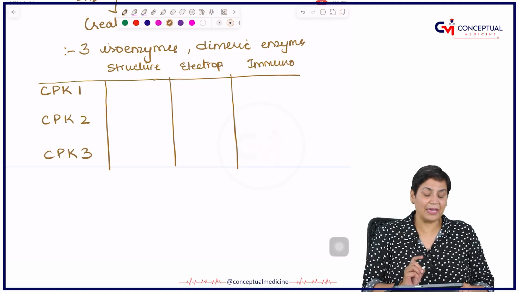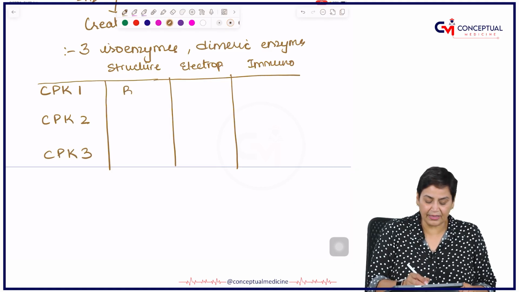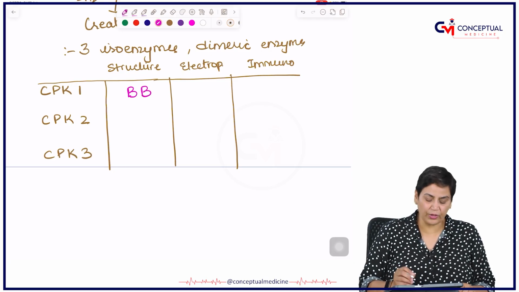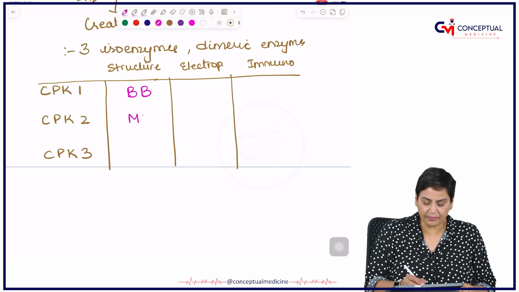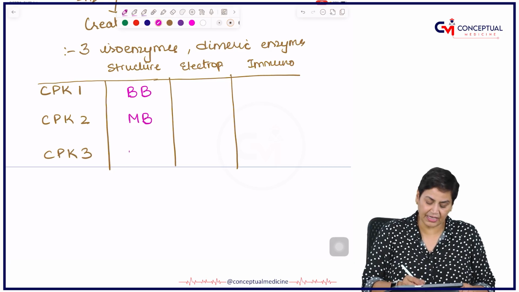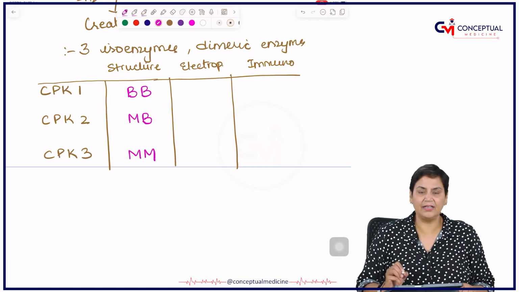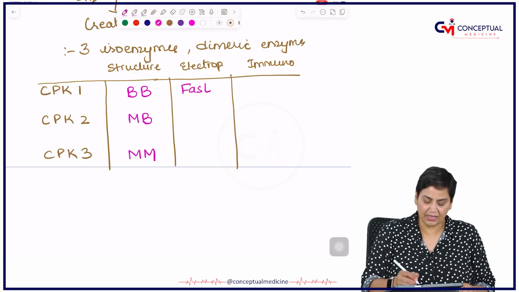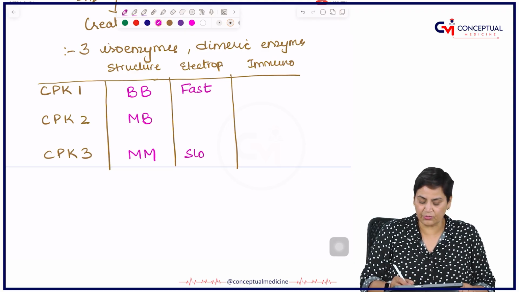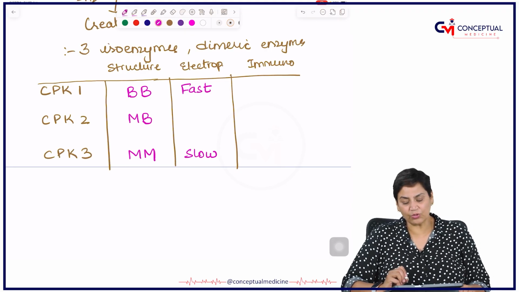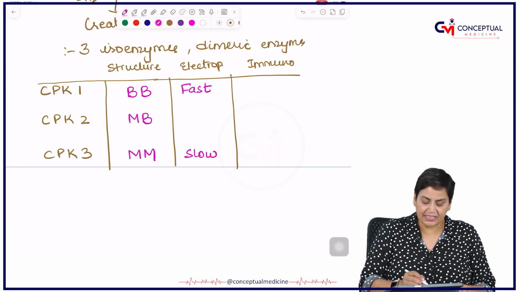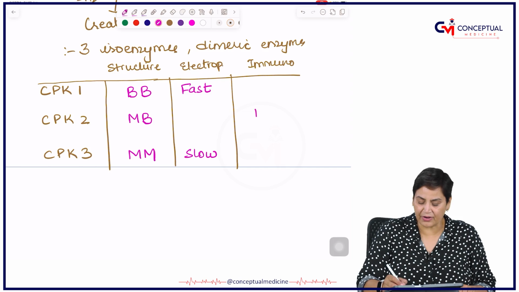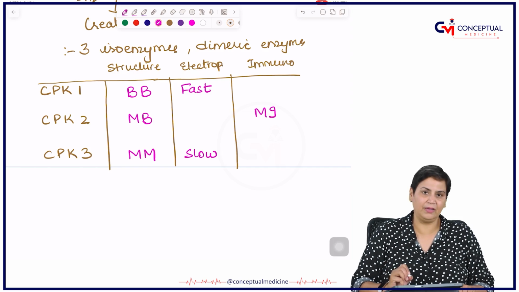Right. So CPK1 is predominant in the brain. CPK2 is predominant in the myocardium, and CPK3 is predominant in the skeletal muscle. CPK1 is the fastest moving fraction and CPK3 is the slowest moving. Now coming to the immunological importance, CPK2-MB rises in MI, very, very important.